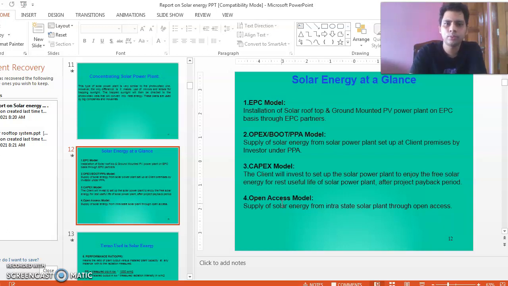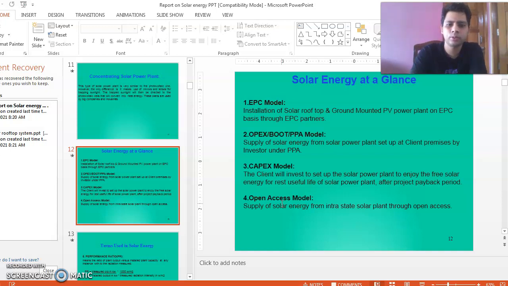Number 2 is OPEX/RESCO model. In this model, a third party engages with a customer and does the agreement with the rooftop owner. The rooftop owner pays for the electricity utilized to the RESCO developer, and the RESCO developer has to pay the charge for the roof which they are taking for their project, and they enter into the PPA, power purchase agreement, with the utility.